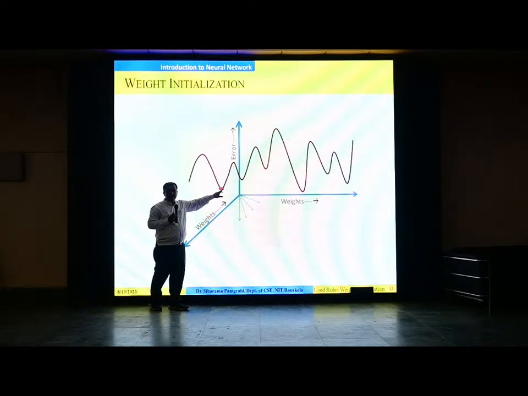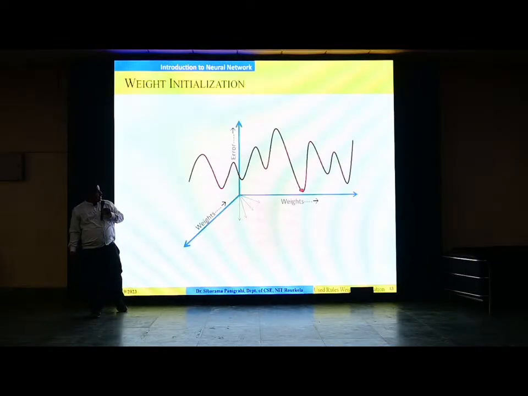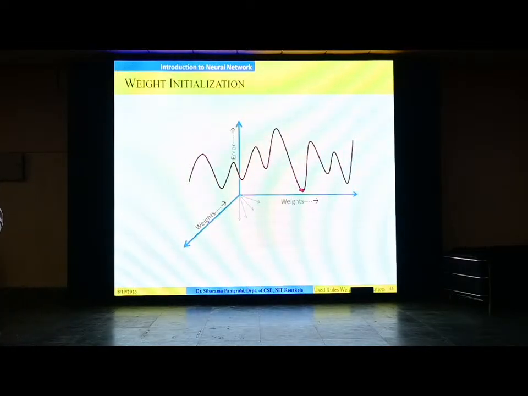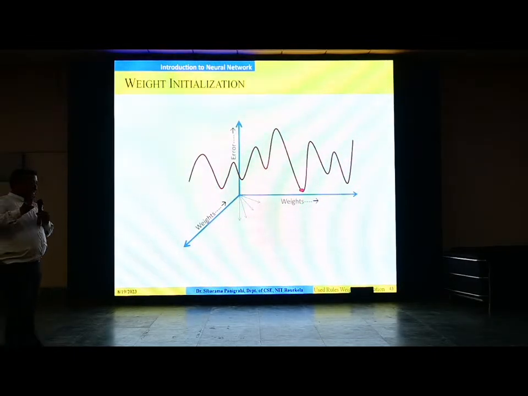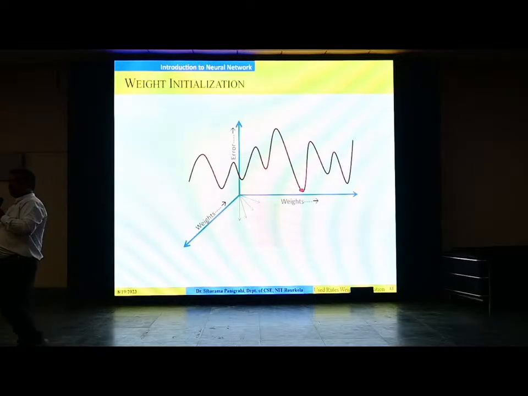Because this is a local optimum. But if you are fortunate enough, and your initial weight is from this location, then you may go to the global minimum. Is that clear? Now have you understood the importance of weight initialization? If your initial weights are generated from a better location, then your learning will be good.